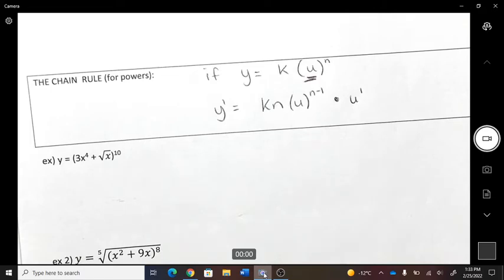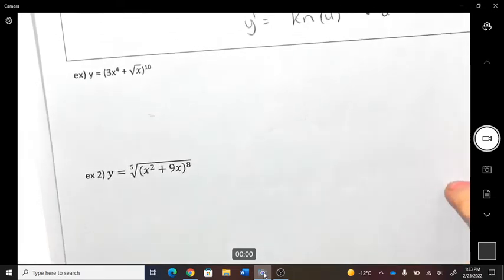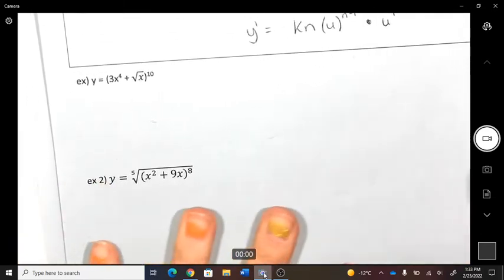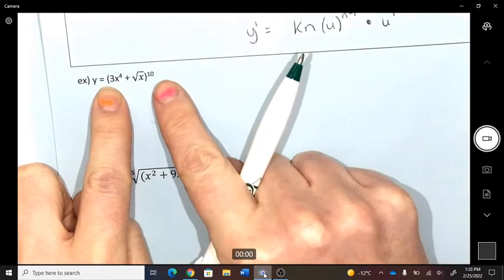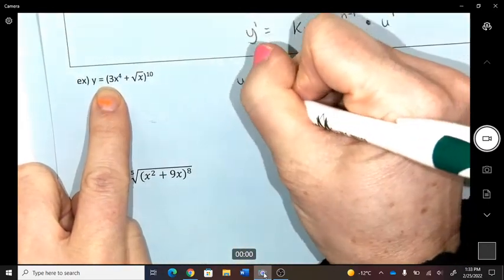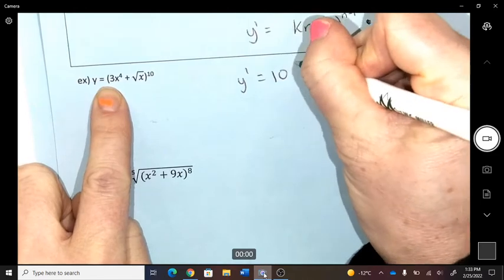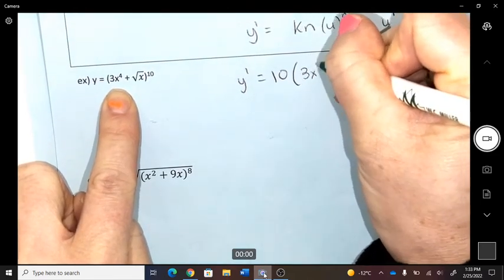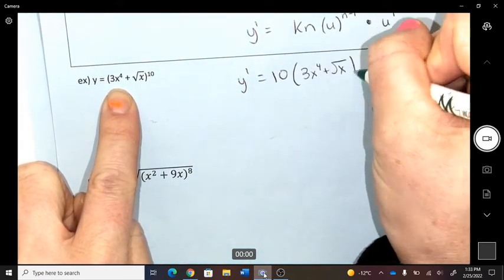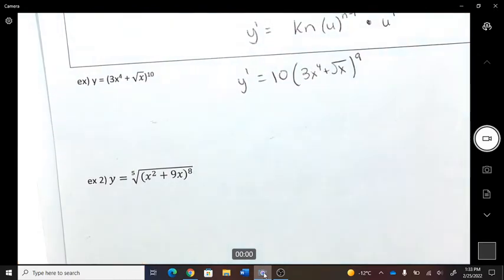Then we're going to have to times by the derivative of all that stuff. Okay, so here we go. Number 1. So the front is a 1 times a 10. So 10 of the stuff to the 9th. Okay, that's what we've been doing before.